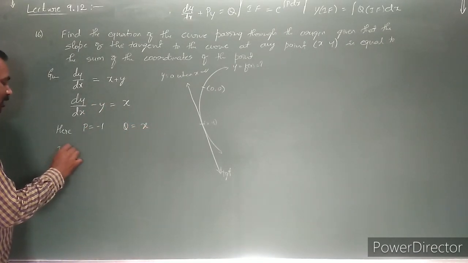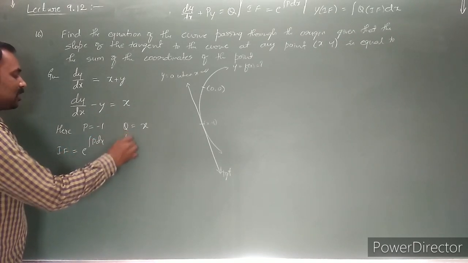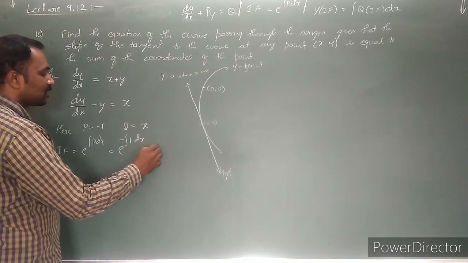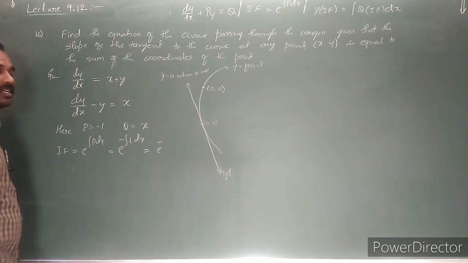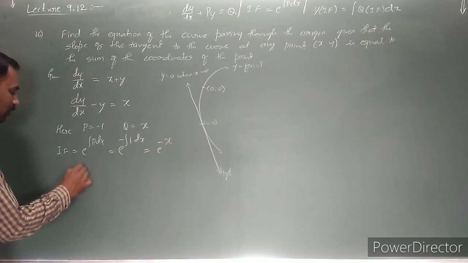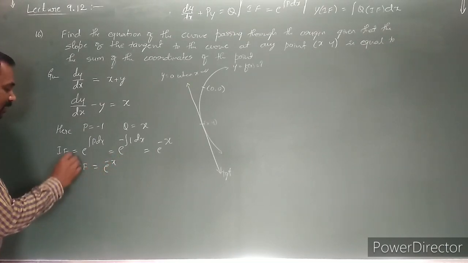So the integrating factor is equal to e power integration of p dx. E power integration, p value is minus 1 dx, is equal to e power minus x, since integration of 1 is x. So the integrating factor is e power minus x.